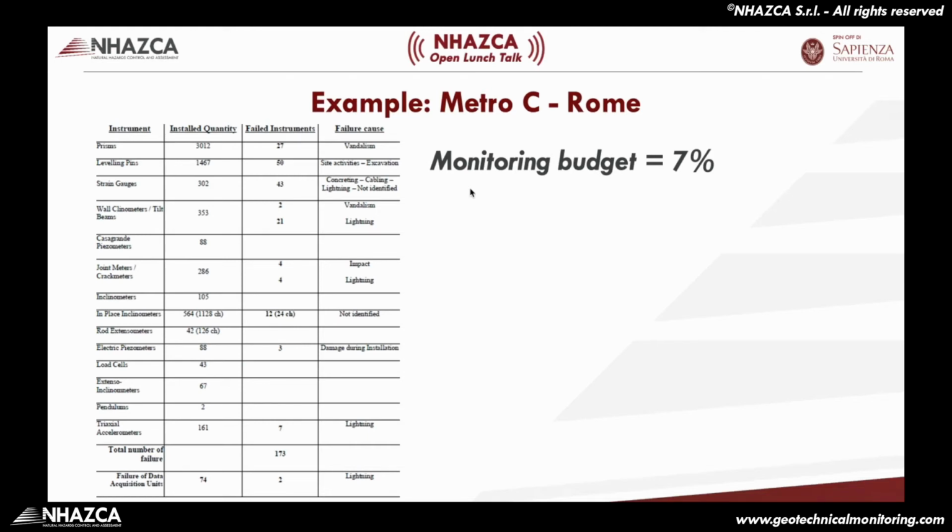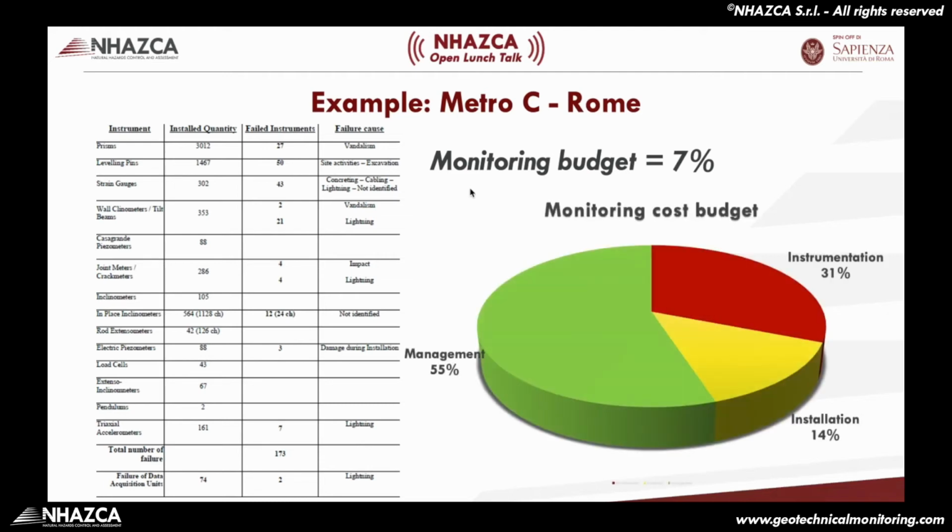Of course, in this case, we are excavating a tunnel and building the stations close to the Colosseum and in the Fori Imperiali area, I think one of the most famous cultural heritages in the world. So that's probably one of the reasons. And that's the distribution of the budget.